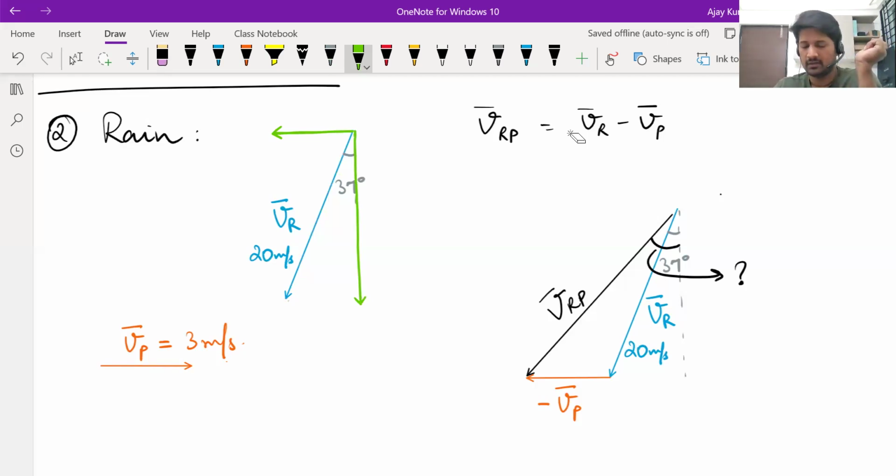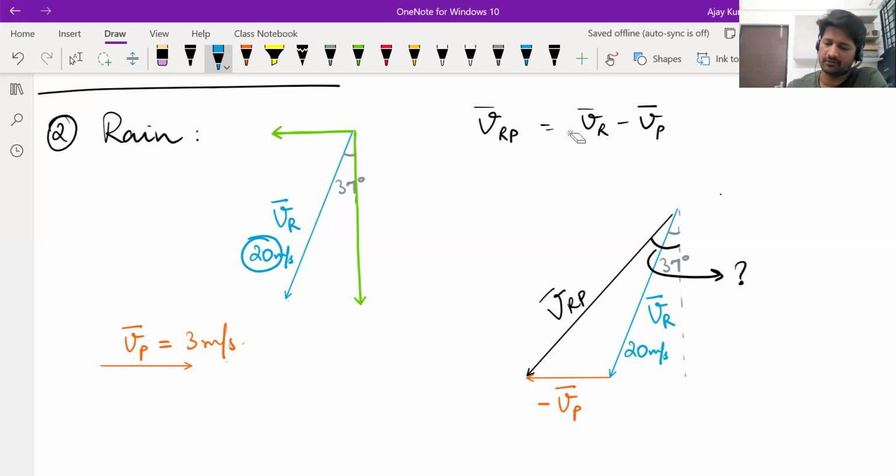Pawan, how to calculate component of a vector in a particular direction? Sir, u cos theta. Okay, you have to make use of the vector's actual magnitude and the angle it makes with that direction. Now see, the rain's actual speed is 20. That's the magnitude of that VR vector. Now we need its components in two different directions.